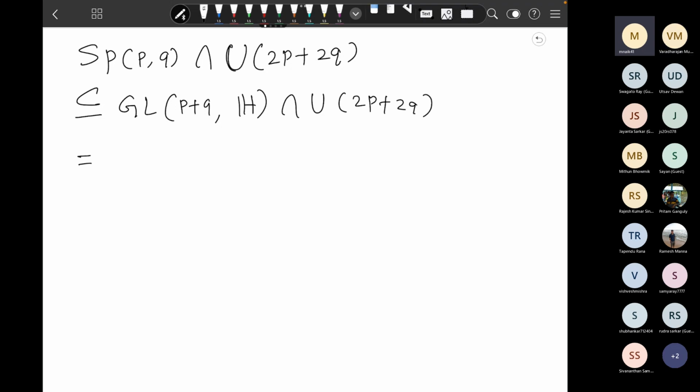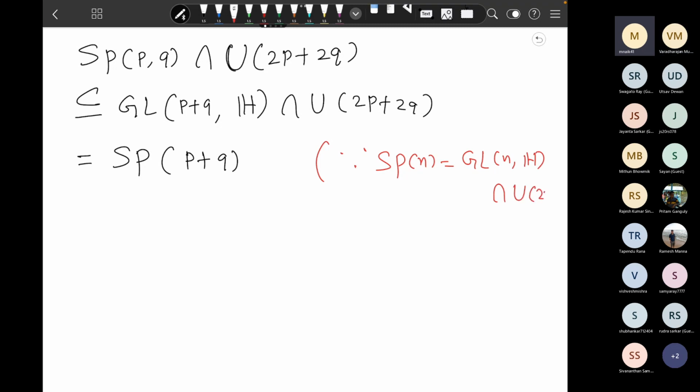Now what is GL(P+Q,H) intersection U(2P+2Q)? This is nothing but the right hand side. This is nothing but SP(P+Q). We have shown that since we have seen SP(N) is equal to GL(N,H) intersection U(2N). We have put that, so SP(P+Q).